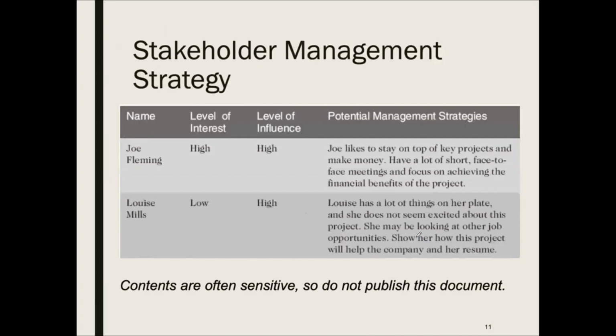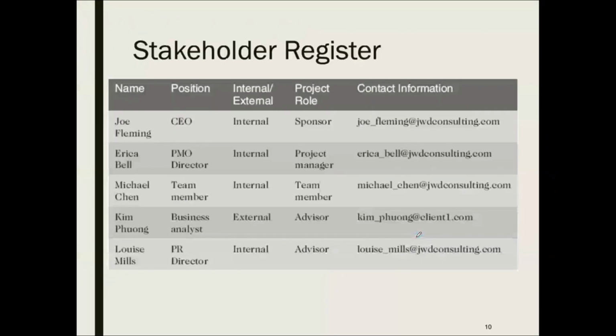This is one of the outputs, which is the stakeholder register. It will be something like this. You have the name, position. Is this member an internal staff or external staff? Because in some projects you need, for example, a consultant to help you, an advisor. So this will be external.